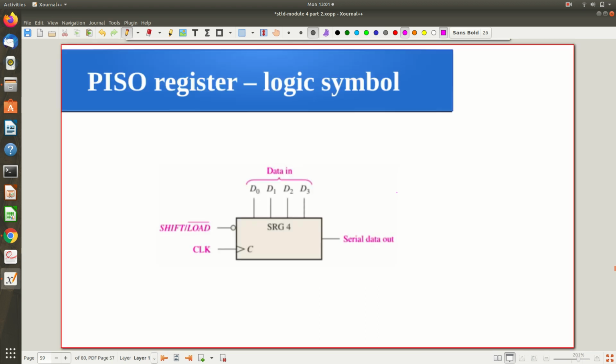Okay, so this is a typical logical symbol. Again, by symbol it's very clear, right? So what we added extra is this shift or load bar. Anyway, this notation is now clear too, right? You can write it this way or that way, it is fine. Why is it so? Because they have already made this active low.